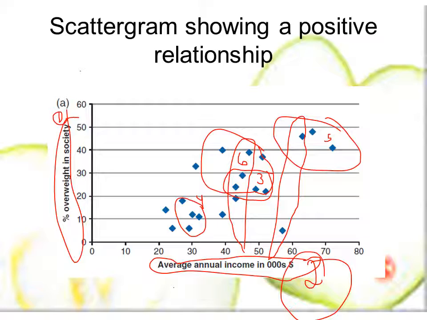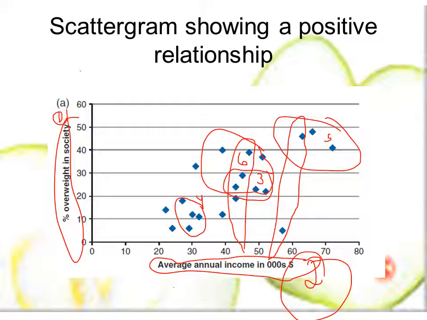We'll mark that as a 3. Then if we look at the $30,000 level, they have a lower overall obesity within society, at about 20%. We'll mark that with a 4.